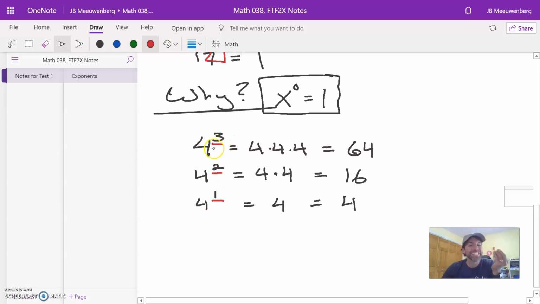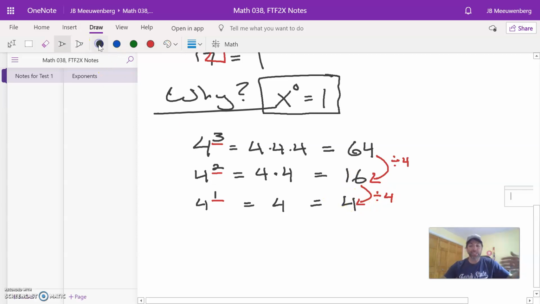Those are all decreasing by 1. 3 minus 1 is 2. 2 minus 1 is 1. Well, what's happening over here to go from 64 to 16? We're losing one of these 4s. We're removing what's called a factor. Factors are things that are multiplied. We're removing a factor of 4, which is the same thing as dividing by 4. 64 divided by 4 is 16. And then we remove another factor of 4, same thing as dividing. And now we have 4. 16 divided by 4 is 4.